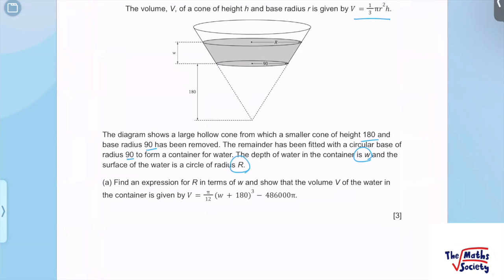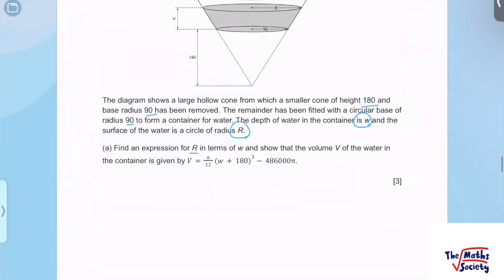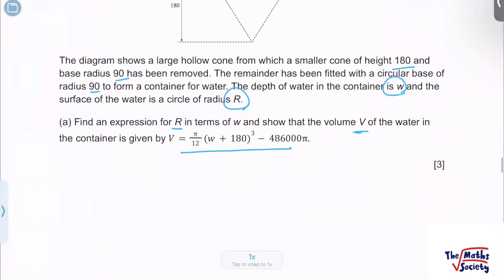And we have to find an expression for R in terms of W and show that the volume V of the water is given by V equals pi over 12 times (W plus 180) the whole cubed minus 48,6000 pi. Okay, so now we're going to find the volume of water. We know that we have to subtract the smaller cone from the bigger one.